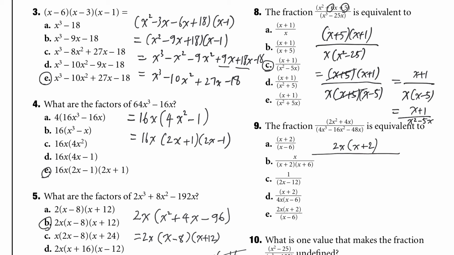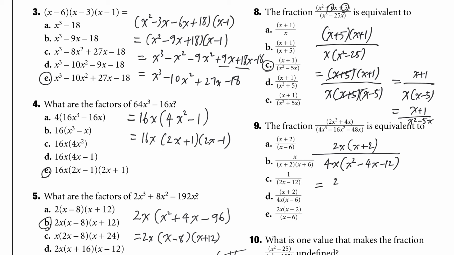And the bottom looks a bit more complicated, but it really isn't. You want a common factor first, and you can common factor by 4, because 4 goes into all three: 4, negative 16, negative 48. You can also factor out x. So if I do that, I have x squared here, minus 4x, and then minus 12, right?